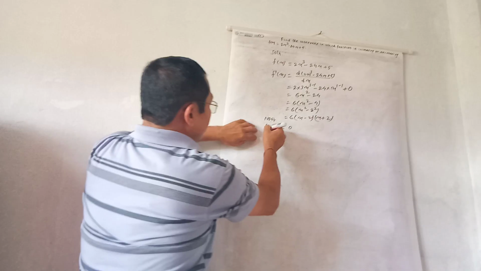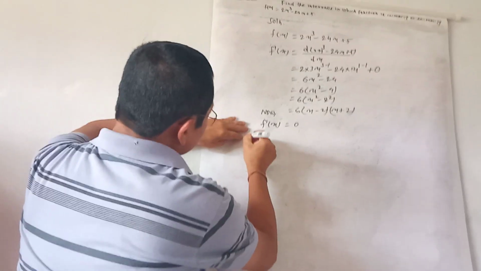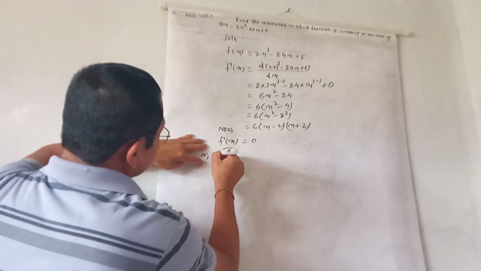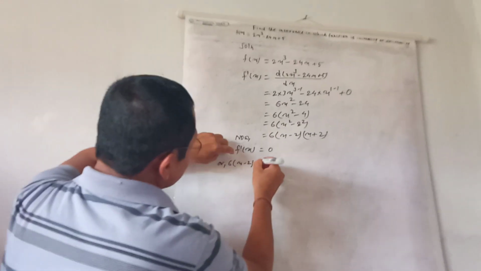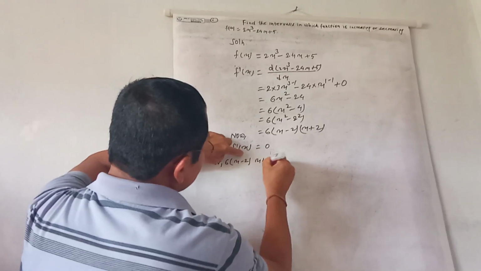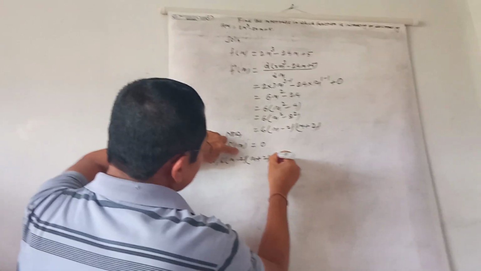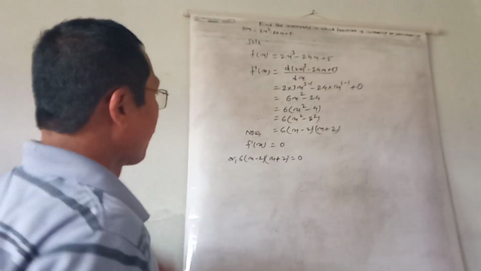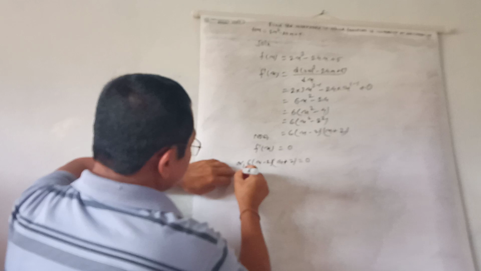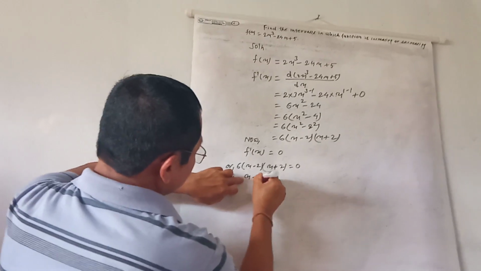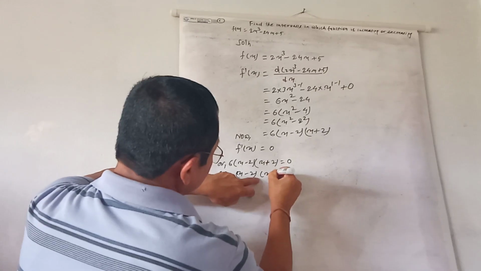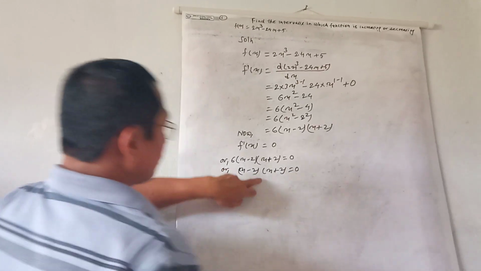So 6 into x minus 2 into x plus 2 equals 0, or x minus 2 into x plus 2 is equal to 0.